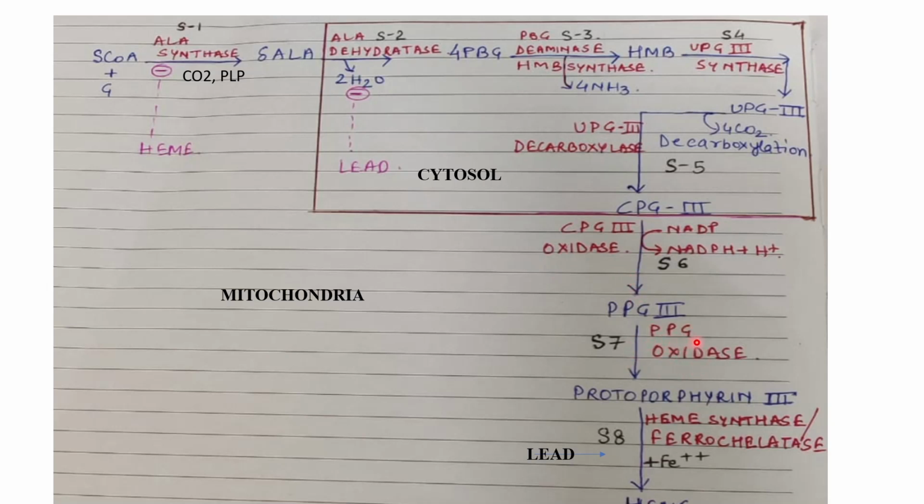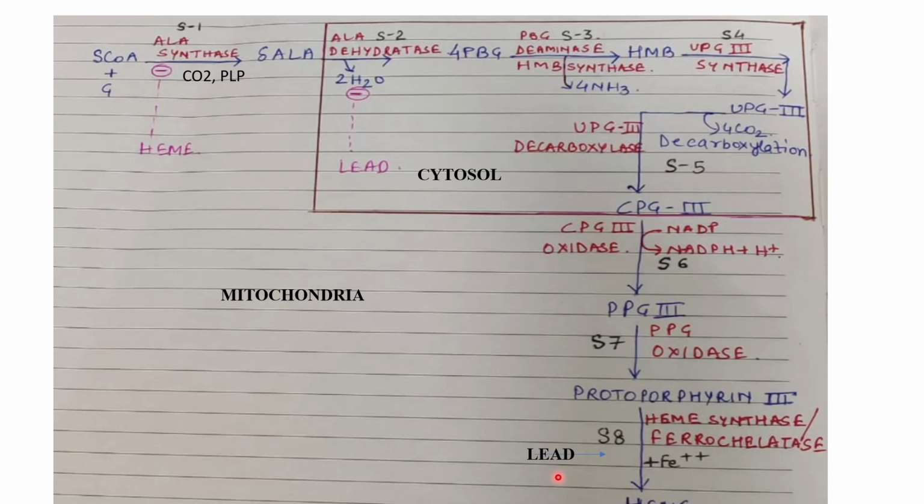So there are 8 steps in this. 4 take place in the mitochondria and 4 in the cytosol.